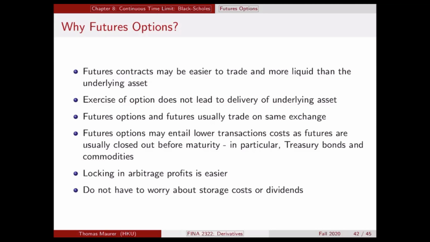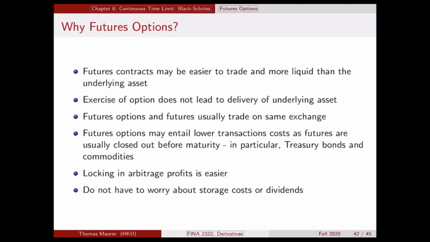The same as easier to trade and more liquidity, there are also less transaction costs. And this means, just like traveling, for example, to the copper market and doing these transactions, it is just much more expensive to do that than trading a futures. Or even if you think about bond markets, treasury bond futures are easier to trade than actual treasury bonds.